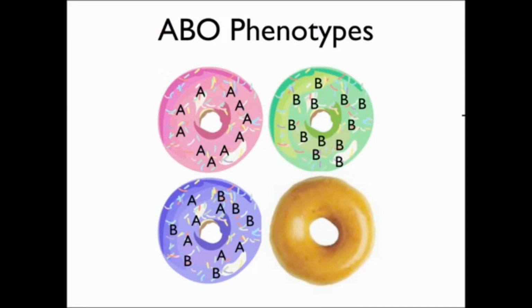So if you have A sprinkles, you're going to be blood type A. If you have B sprinkles, you're going to be type B. If you are A and B, we're going to call you AB. And here's the one that people get a little bit confused. If you don't have any sprinkles, we call you type O. It does not mean that there are O sprinkles, okay? In biology, we use the O to mean the absence of something.